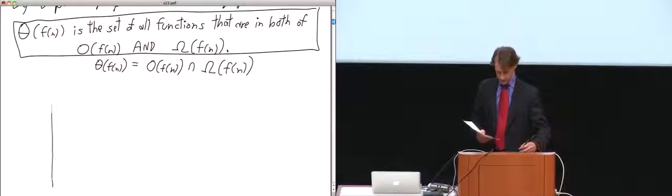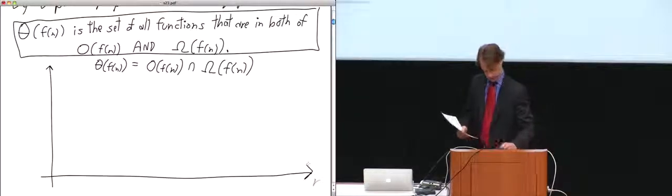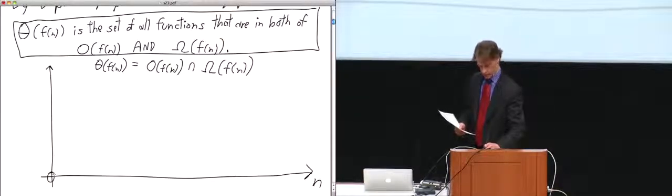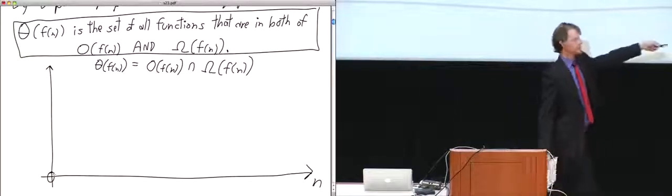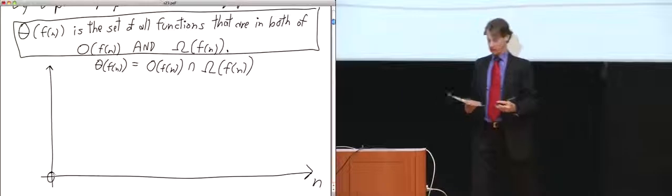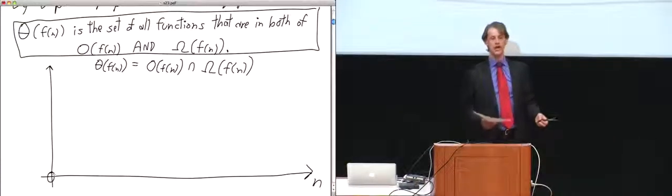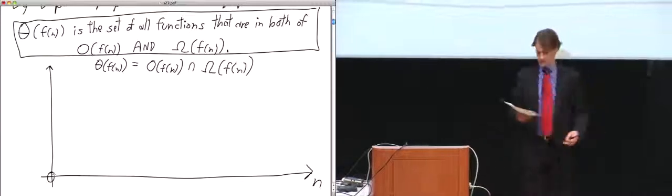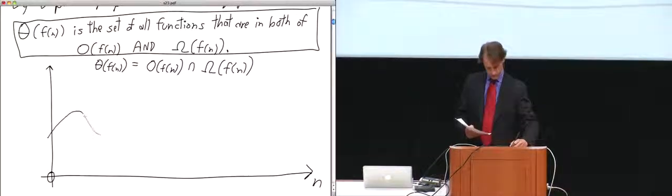Well, let's draw a function then. The horizontal axis is going to be n, the input size. And I'm going to draw a function which I claim is in big theta of n, even though it's not entirely obvious until you look all the way to infinity.